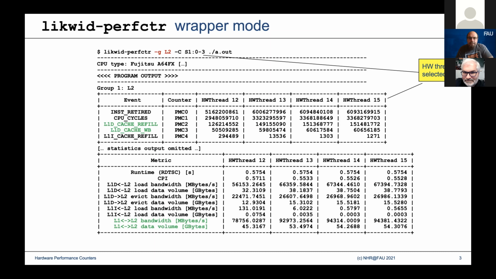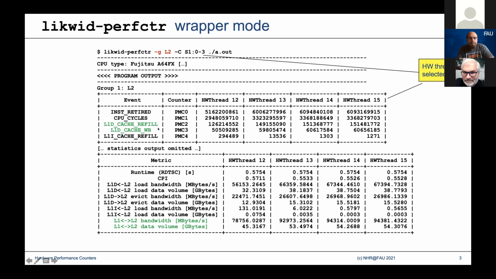Here we see the runtime for each of the hardware threads we have specified. We have specified S1, so it takes the second socket, and there we see we have the threads 12, 13, 14, and 15. So it automatically selects the proper cores for your pinning selection.